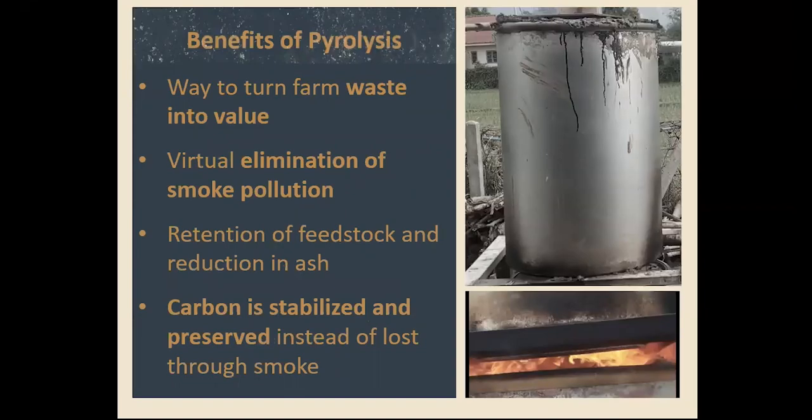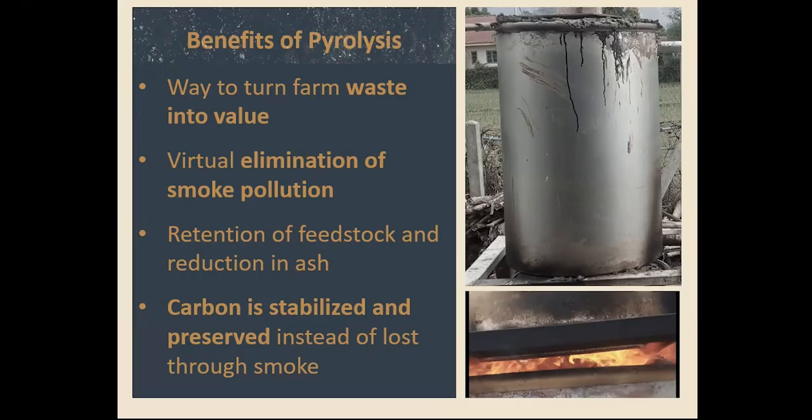So as we do this process, as we make charcoal using pyrolysis, it's a way to take on-farm waste. It's a way to take old bamboo trellises, sticks, leaves, different biomass that we've already talked about. Instead of burning it in a typical setting where we lose all of the carbon through smoke to the atmosphere, we can do a process of pyrolysis where we will keep the carbon intact and we will produce this material we call charcoal, and later turn that into what we call biochar.